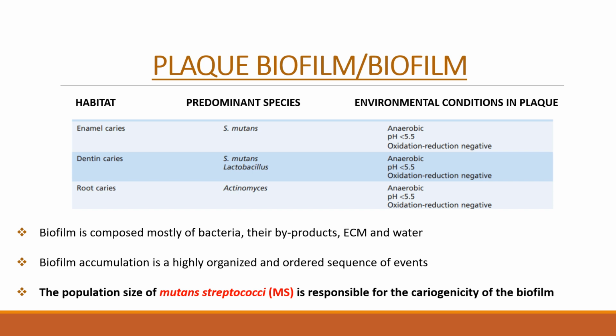And mature plaque biofilms, that is older biofilms, have tremendous metabolic potential and they're capable of rapid anaerobic metabolism. So the more the anaerobic metabolism, the more is the production of organic acid, the more is the demineralization.